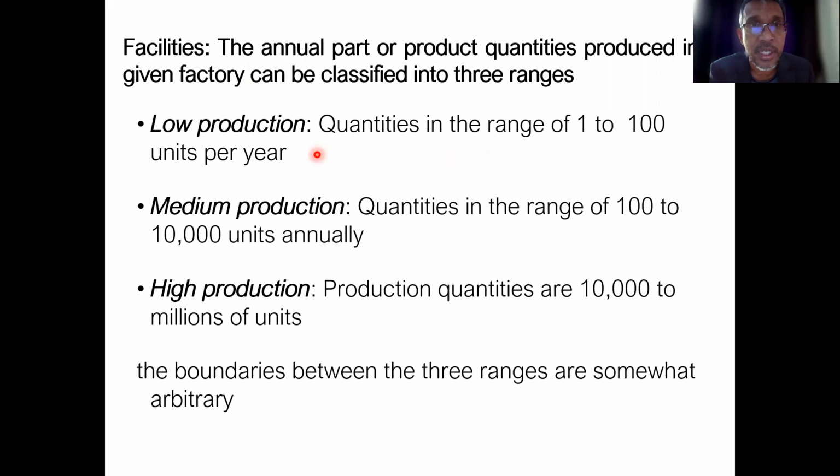They always refer to low, medium, and high production. The quantities might be slightly different, but the basis we refer to is the quantities that highlight low, medium, and high production clearly.